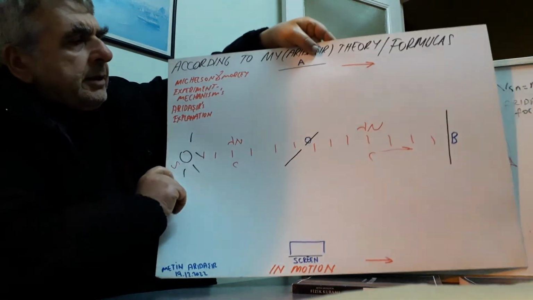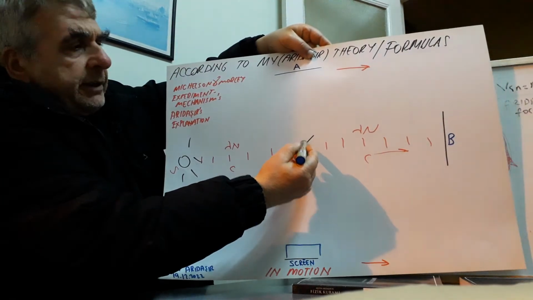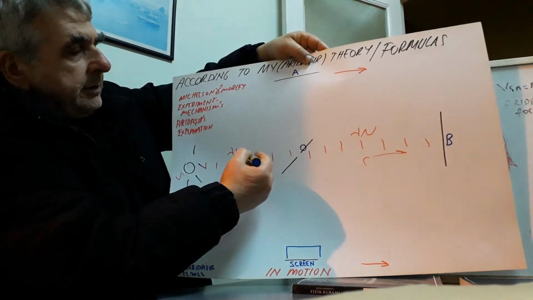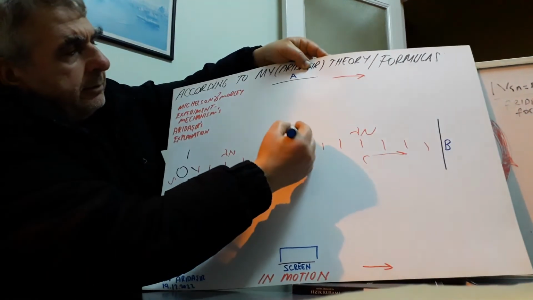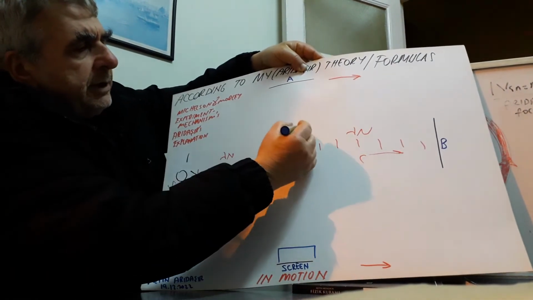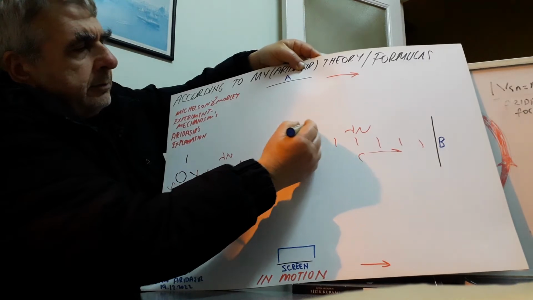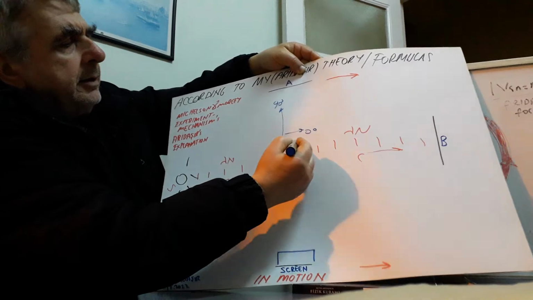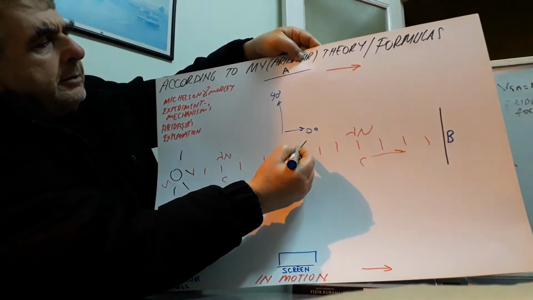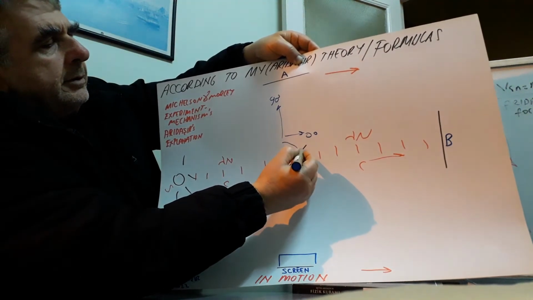Now, as if this is the second light source. And upside, what will be? Here, this is the 0 degree direction. This is the 90 degree direction. Okay?